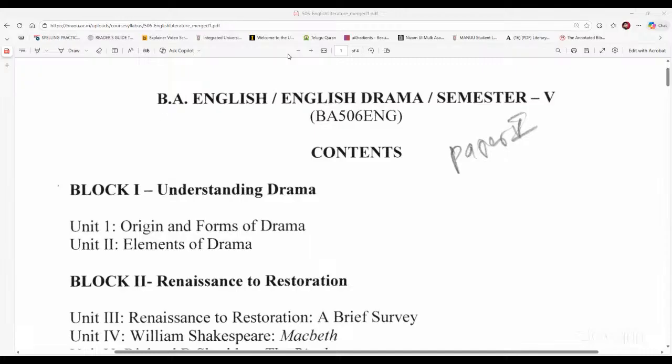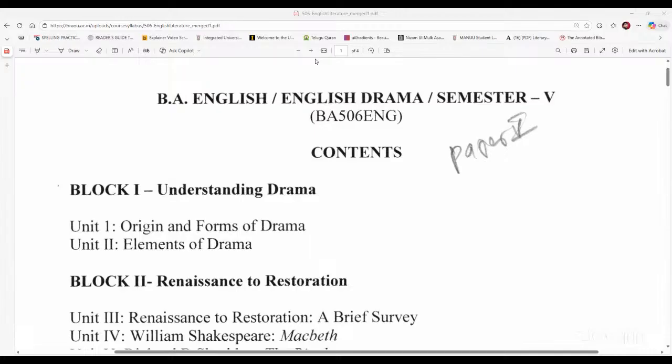Well, now let us start our actual discussion for today. The first thing that comes to our mind is, what is drama? You may be aware of it already, that literature is divided into different categories, that is different forms.